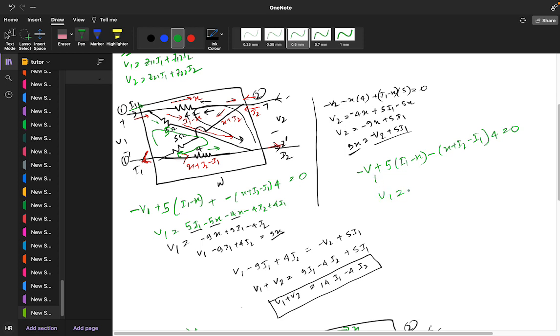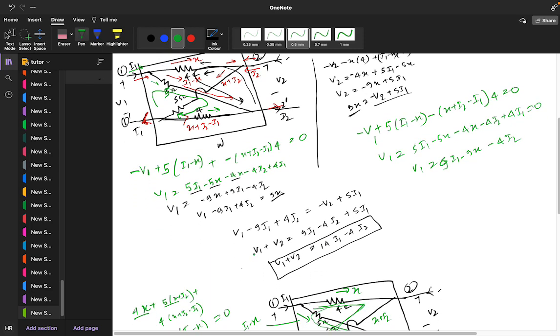So what V1 value will we get? 5 I1, this 5 I1 minus 5x minus 4x minus 4 I2 plus 4 I1 is equal to 0. So V1 value will be 5 I1 minus 9x, that is 5 plus 4, 9 I1 minus 9x minus 4 I2. That thing only we got, no? V1 is equal to minus 9 I1. So why is it coming wrong?